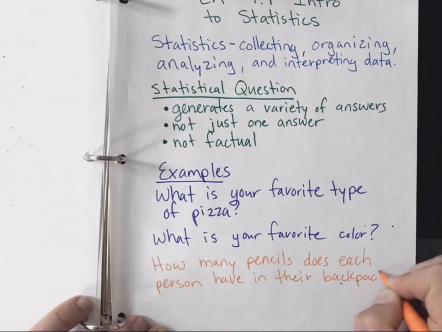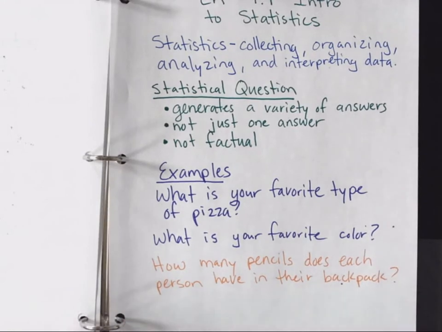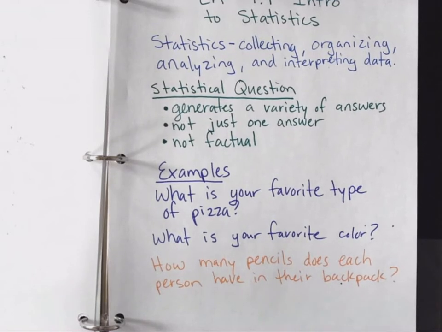So again, this is statistical. We're not talking about categories anymore, okay? But statistical, because we're going to get a variety of answers. There might be some students in the class that have 0 pencils in their backpack. Some might have just 1. Some might have a whole pack full of pencils. So we're going to be able to collect a variety.